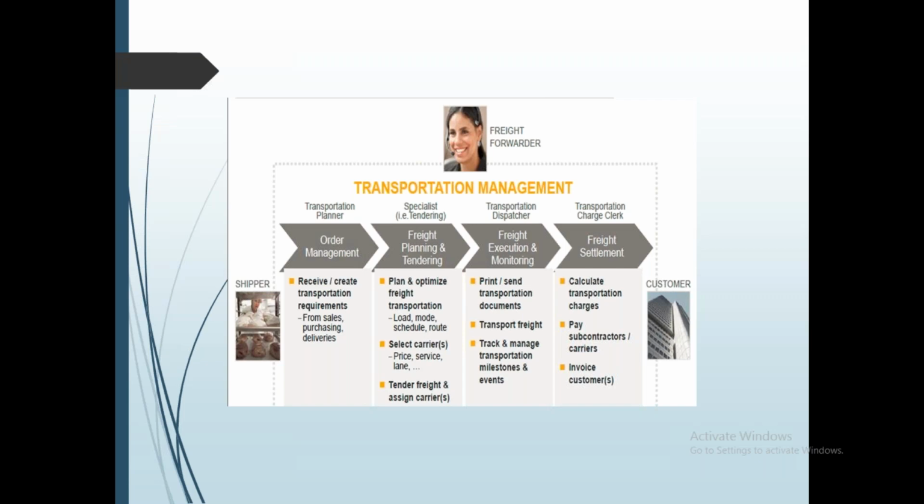If I say your truck has left from Bangalore, you need to monitor the milestones: departure from Bangalore, loading completed in Bangalore, unloading in Chennai, and arrival at Chennai. These milestones are monitored and tracked in this third step.